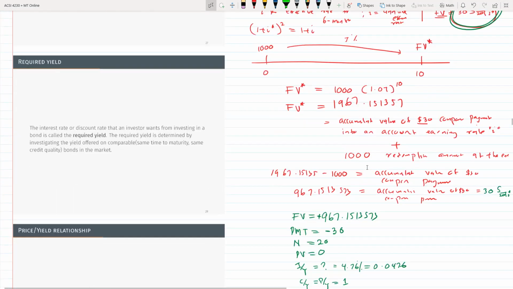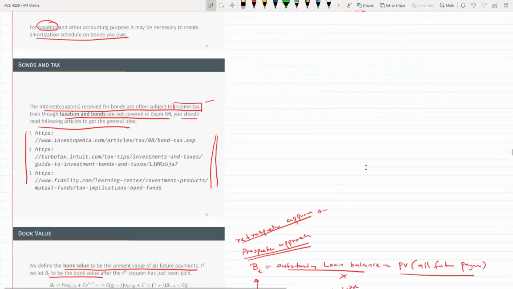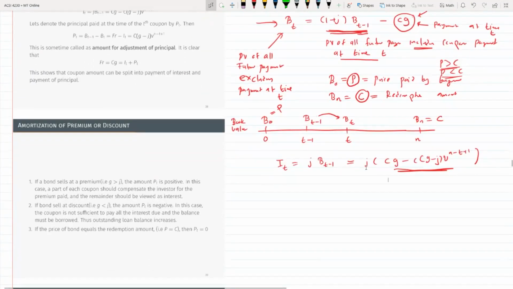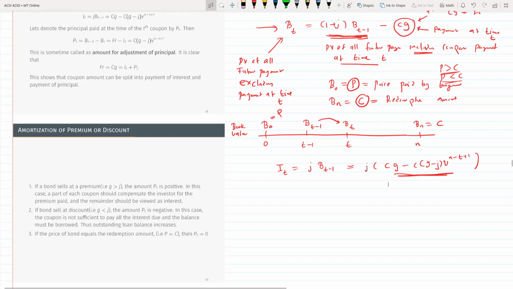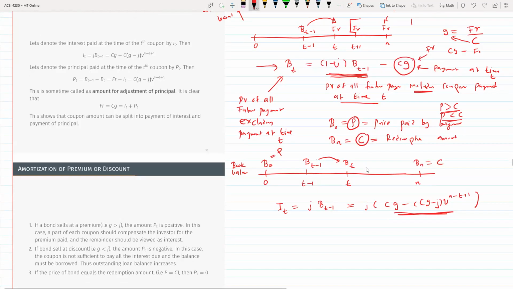If you really want, we can actually derive it. So maybe let's talk about this a little bit, maybe formula-wise.